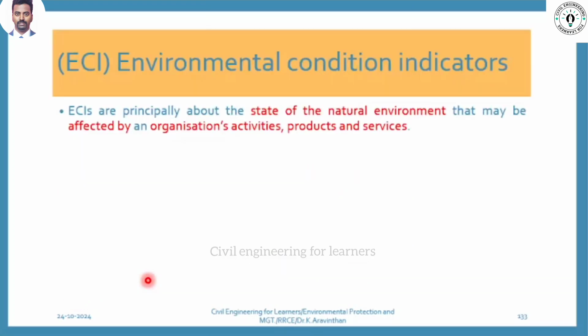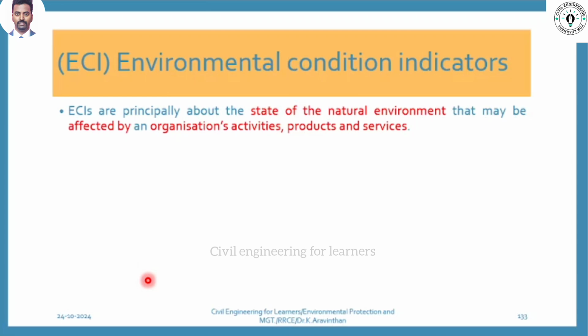And the last one, the third one, is called what? Environmental condition indicator. So the first one we discussed was the operational performance indicator. The second one, the management performance indicator. The third one is the environmental condition indicator.